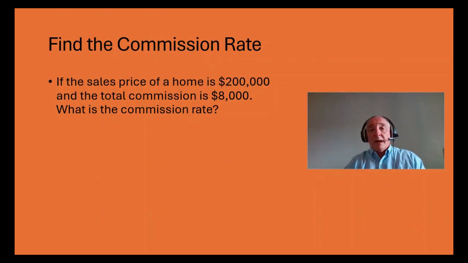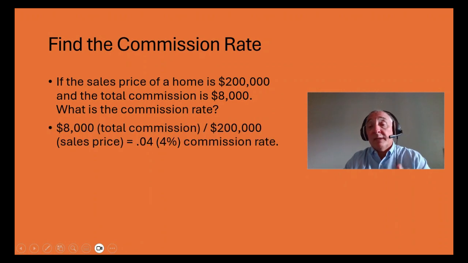In our next two slides, for one, we're going to find the commission rate, and in the next, we're going to find the sales price. For commission rate, you have to have the sales price, not the listing price. The house sold for $200,000, and the total commission was $8,000. What was the commission rate? It's easy to find.